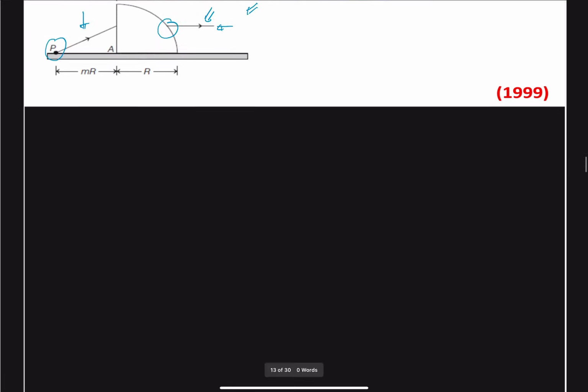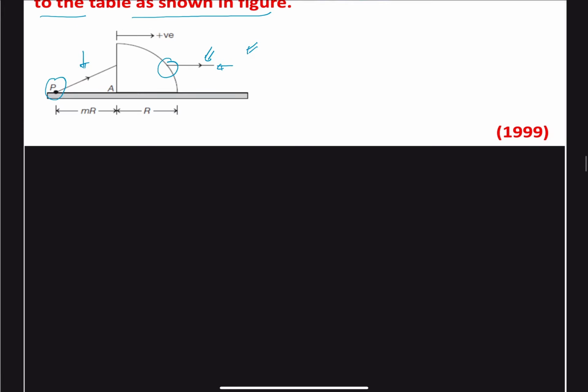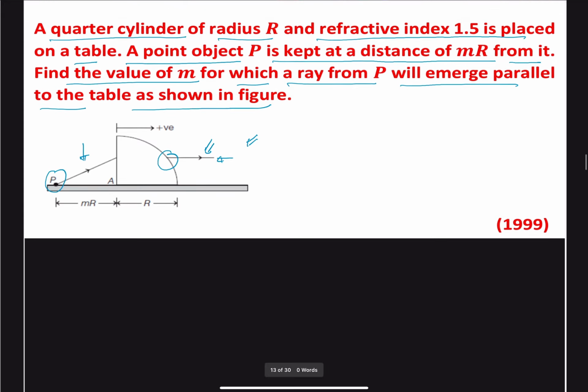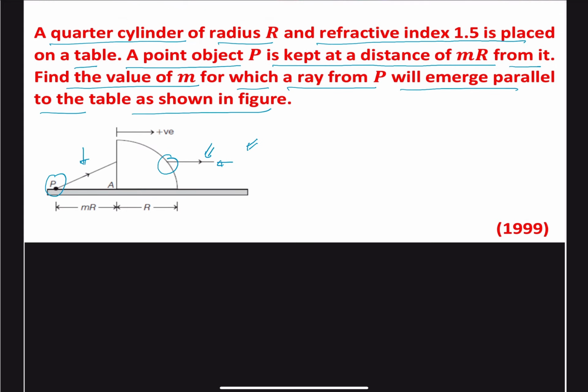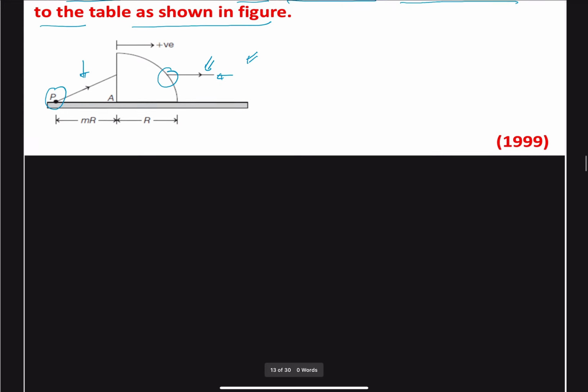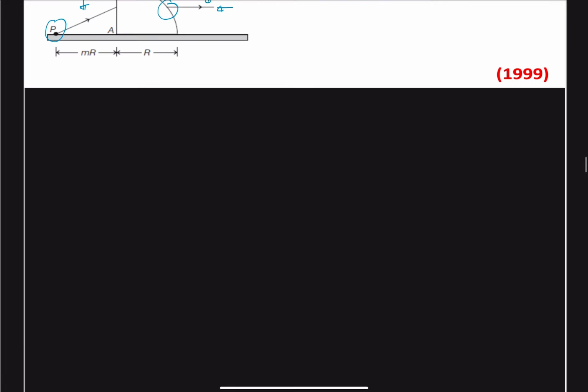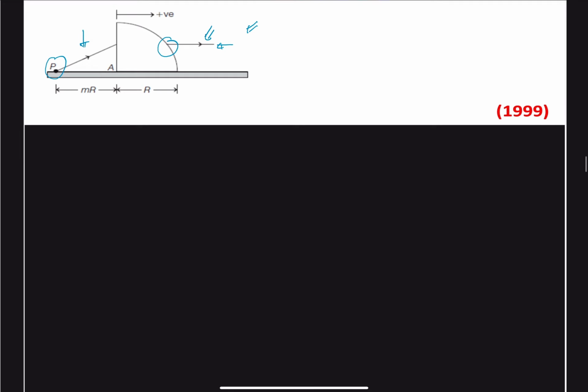So the things which are given to us, let me write it. First of all, we are given that radius is given as r and refractive index is 1.5. Okay, so first of all we are going to use the formula for finding out the refraction at this plane surface.